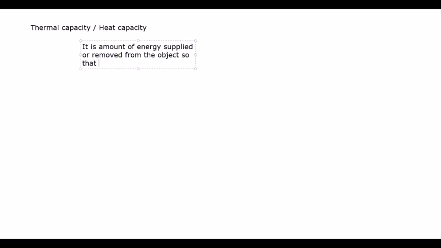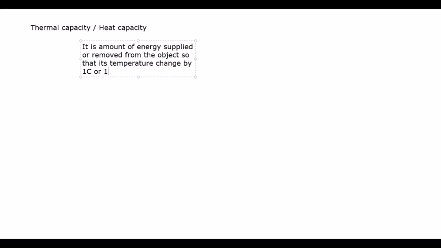What is the thermal capacity, also called heat capacity? Thermal capacity or heat capacity is the amount of energy supplied or removed from the object so that its temperature changes by 1 degree centigrade or 1 Kelvin.